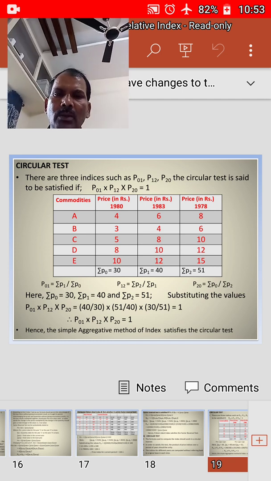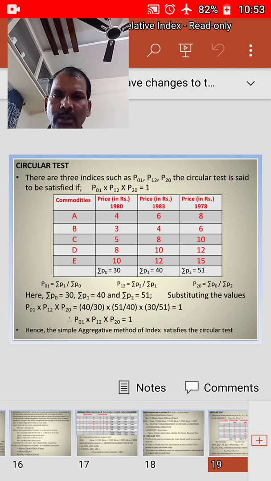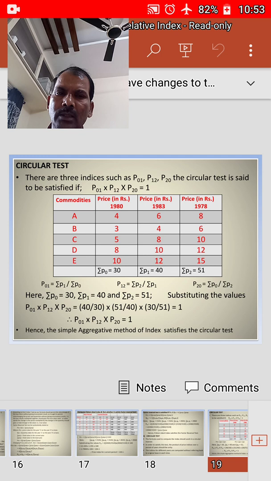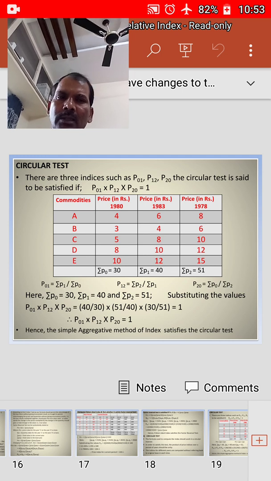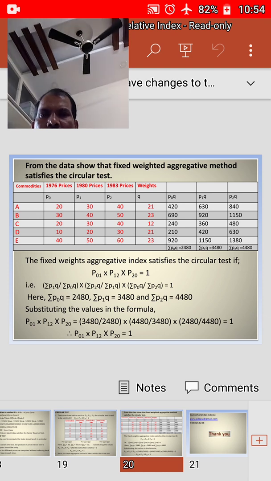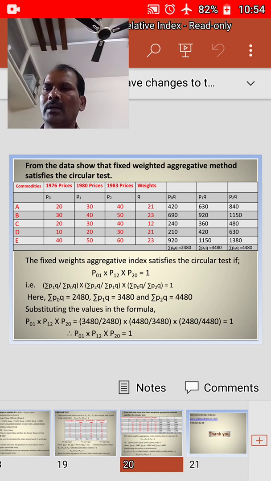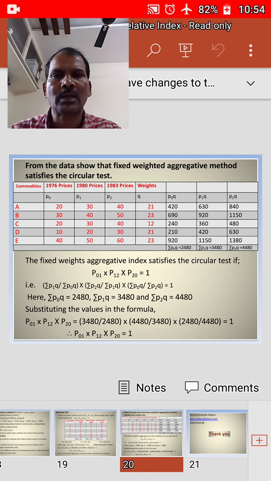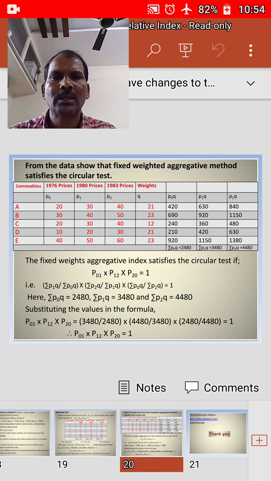Here we know the values: sigma P0 is 30, sigma P1 is 40, sigma P2 is 51. Substituting the same, 40 by 30 into 51 by 40 into 30 by 51, which is equal to 1. Okay, hence the simple aggregative method of index satisfies the circular test. With this we have completed the tests of indices, and thank you.